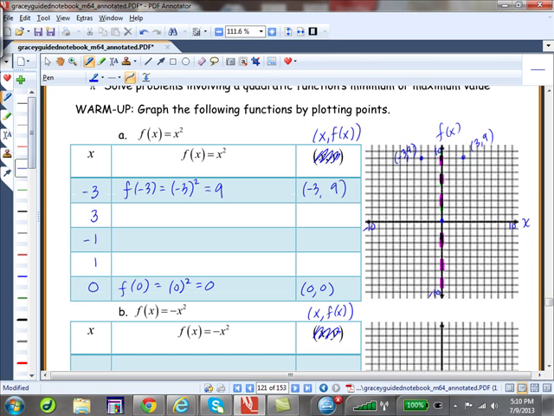If you want verification, you can always evaluate the function at that value, but we will get f of 3 is positive 9 using symmetry. So we get the ordered pair (3, 9).